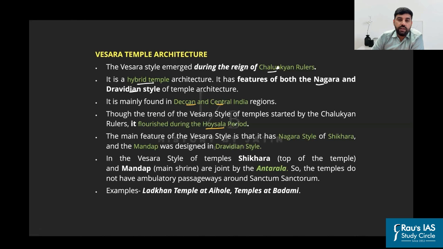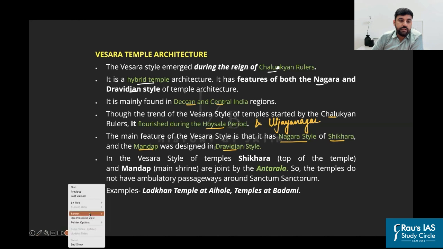It flourished during the Hoysala period, Chalukya period, and Vijayanagar. Vijayanagar is also important. The main feature is that the Shikhar is Nagara style, and the Mandap is Dravidian style. How? Let's explain this in a quick manner.